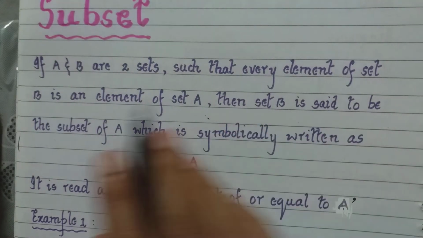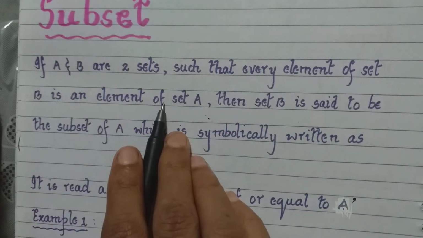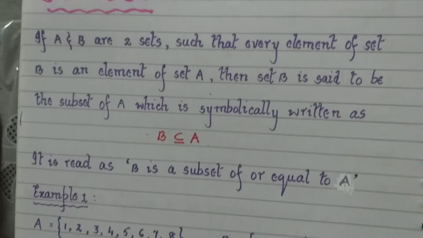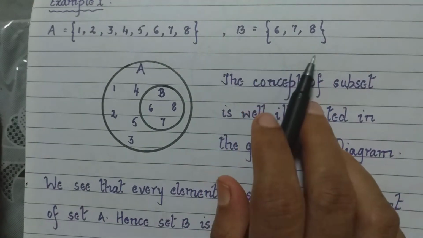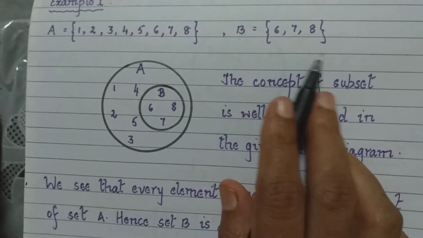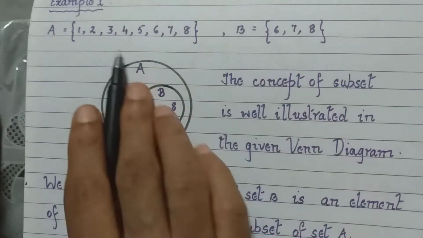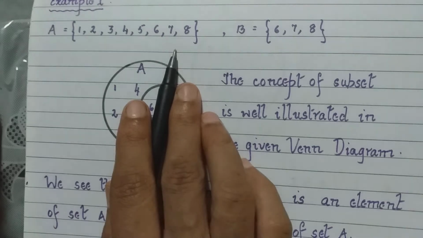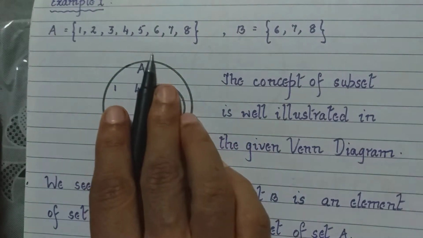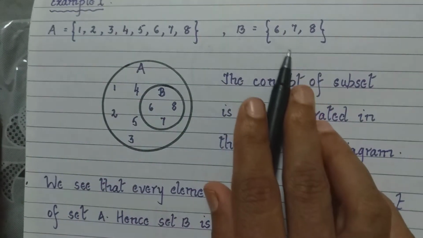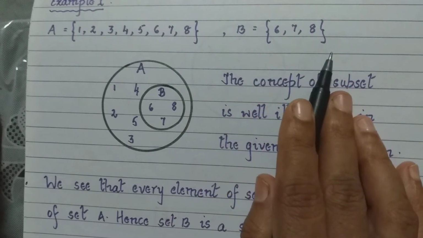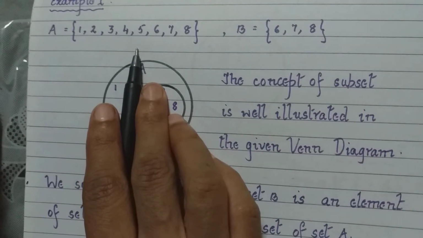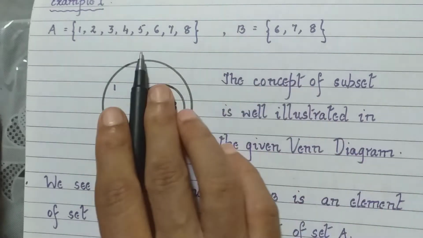That every element of set B should be an element of set A. Elements in B are 6, 7 and 8. Are those elements of set A also? We see 6, 7, 8 here also.